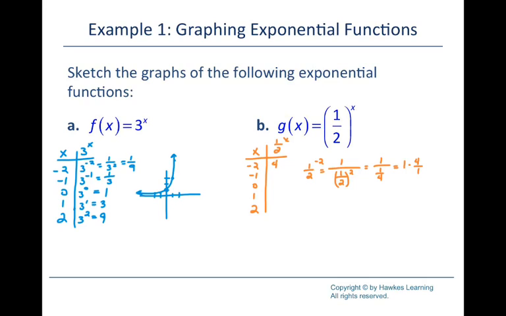Alright, so let me erase this and let's do 1/2 to the -1 power, and you can probably know where that one's going to go, but let's go ahead and do it anyway. We have 1/2 to the -1 power, which is the same as 1 over 1/2 to the first power.